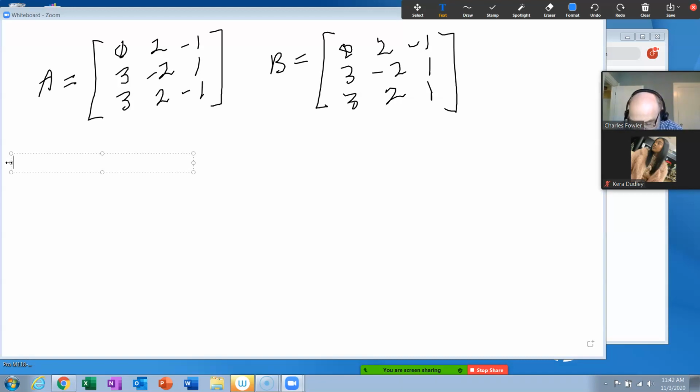So here's theorem 3.7, determinants of an invertible matrix. A square matrix A is invertible. Another word for invertible is non-singular.